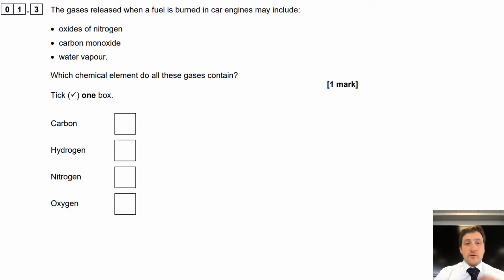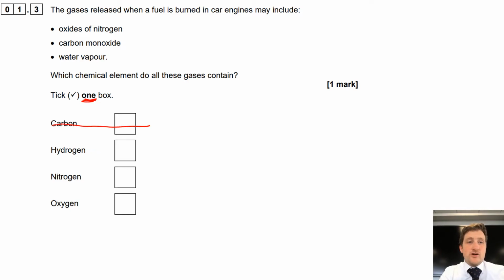The gases released when a fuel is burned in car engines may include oxides of nitrogen, carbon monoxide, water vapor. Which chemical element do all these gases contain? Now, it's only 1 mark, obviously, because it's a multiple choice question, and it says tick 1 box, but it's worthwhile reading all of them and discounting some as we go. So, if we look at carbon, oxides of nitrogen does not involve carbon, so it cannot be that one.